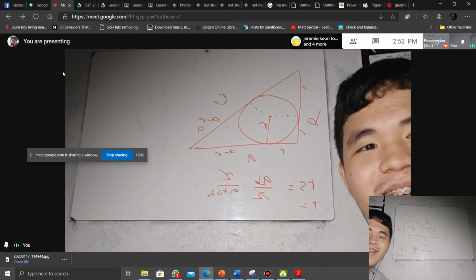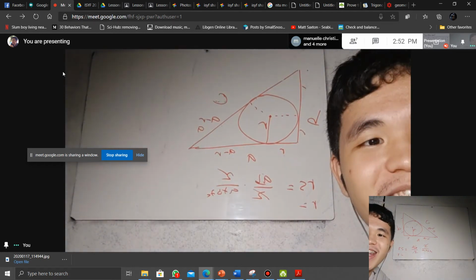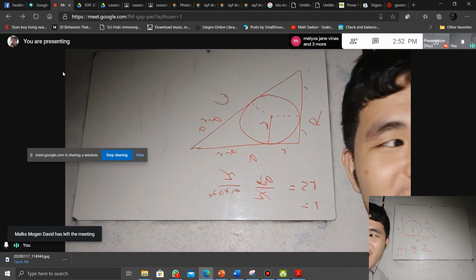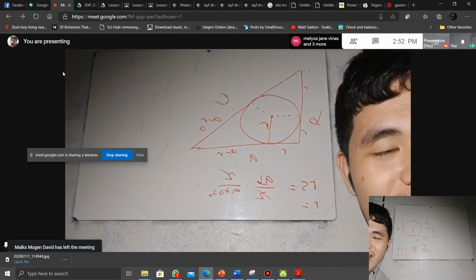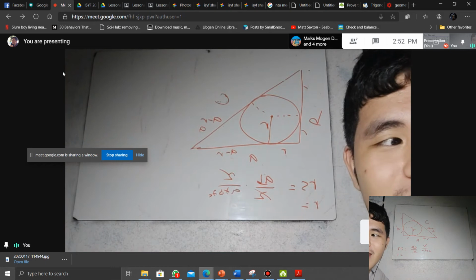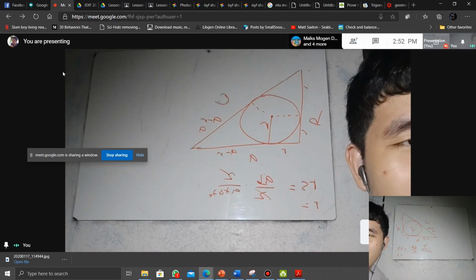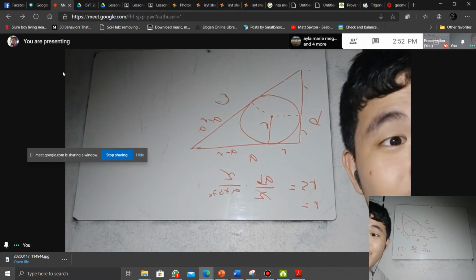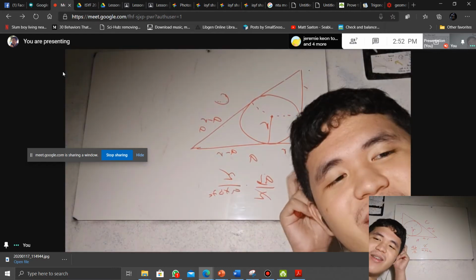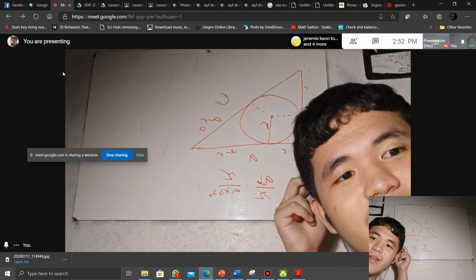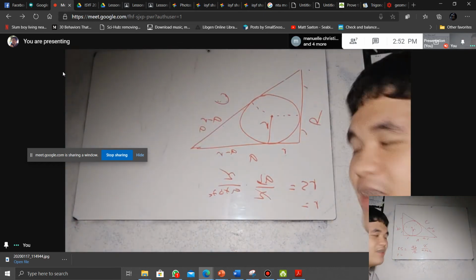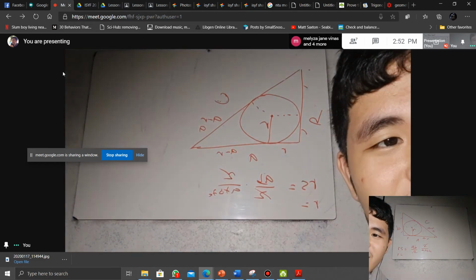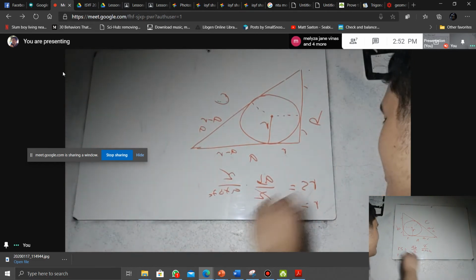Go. May mas simple pa dyan. Pwede rin yan. Kaya lang, assuming na hindi natin alam na ang area ng triangle ay r times the semi-perimeter. Sige. Teka lang.